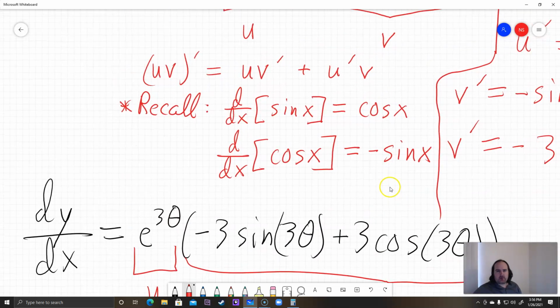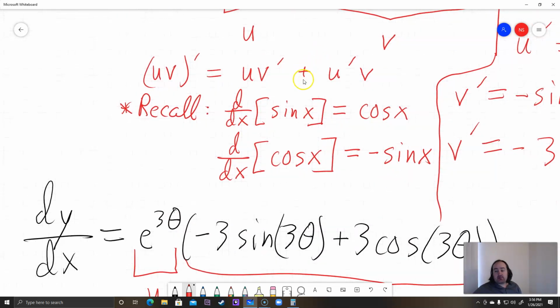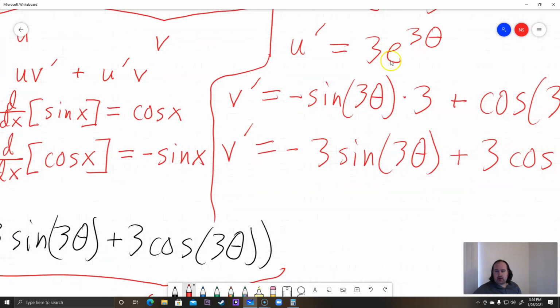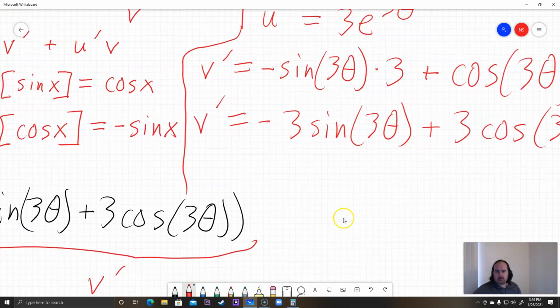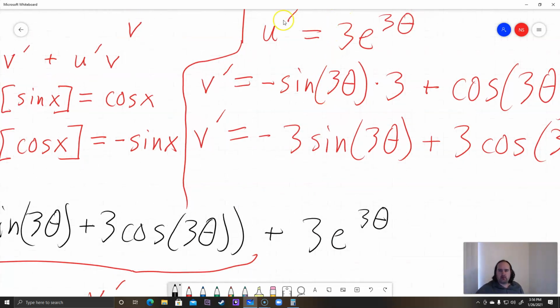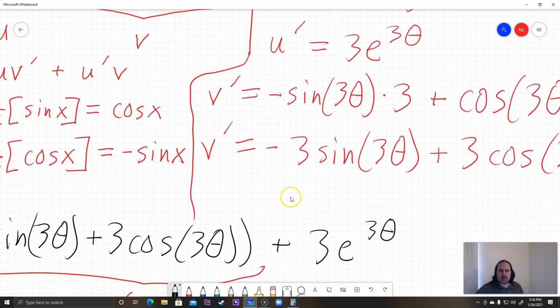We're doing the product rule here, and then we're going to have to do plus u prime v. So that's going to be plus, well, u prime is 3e to the 3 theta. So we have plus 3e to the 3 theta, that's our u prime, right up here, times v.